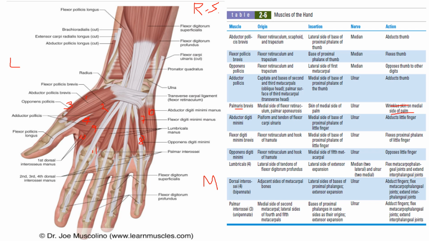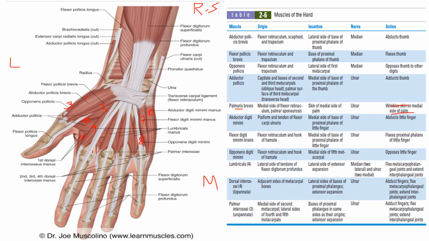The abductor digiti minimi inserts into the medial side of the base of the proximal phalanx of the little finger, as shown here in my cursor. It is innervated by the ulnar nerve and it abducts or pulls away the little finger. Digiti minimi pertains to the little finger.